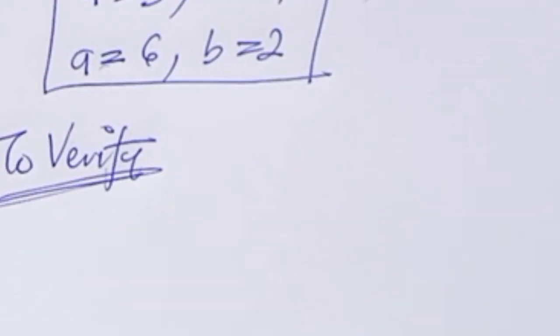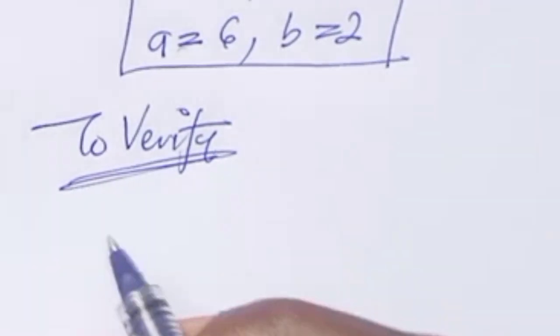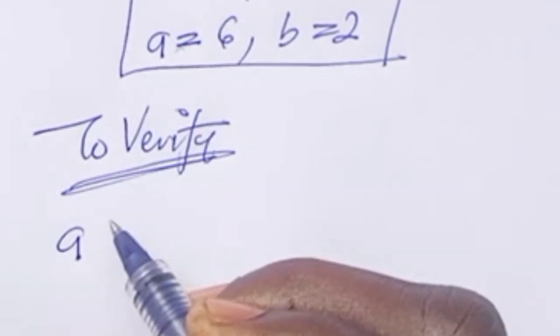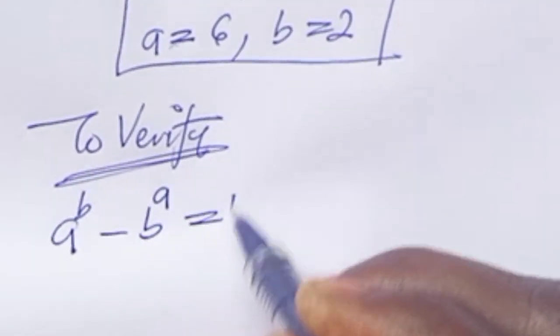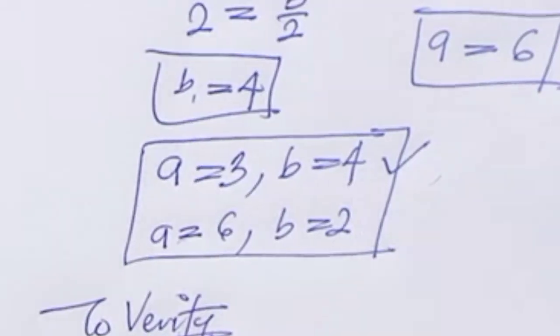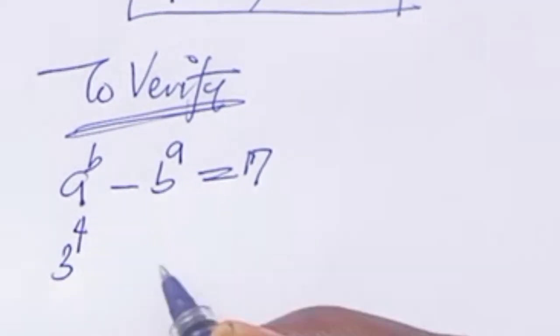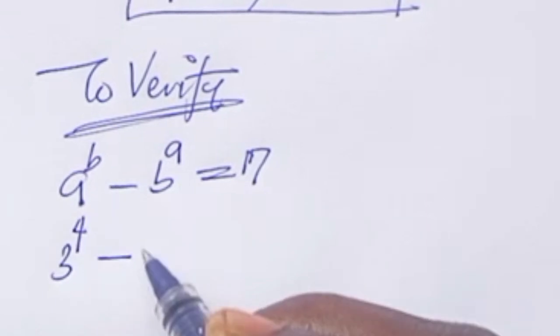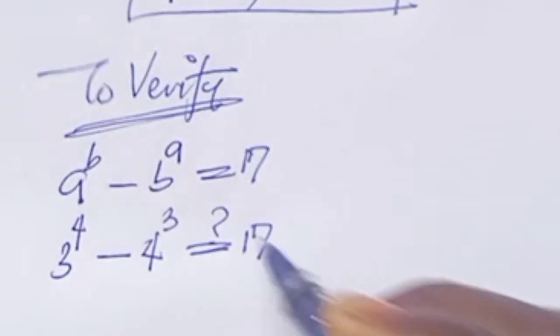To verify the first possibility from our original equation, a to the power of b minus b to the power of a equals 17, a will be 3 and b will be 4. The equation becomes 3 to the power of 4 minus 4 to the power of 3. Will it be equal to 17?